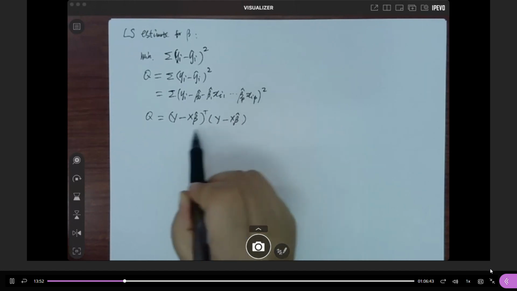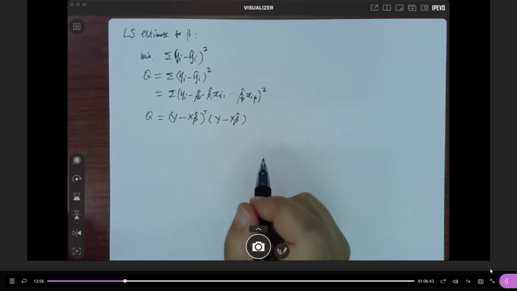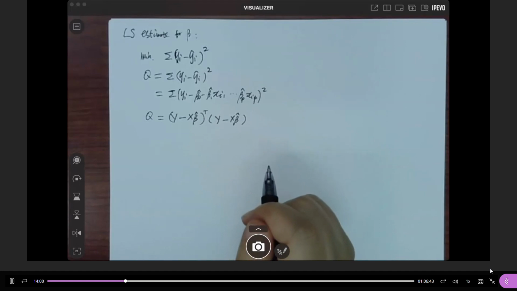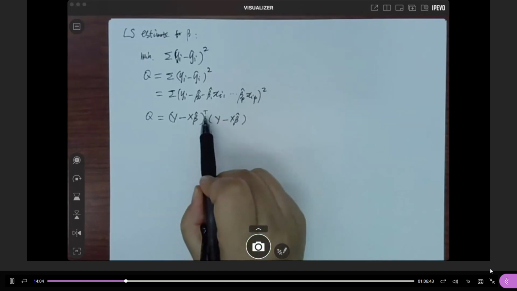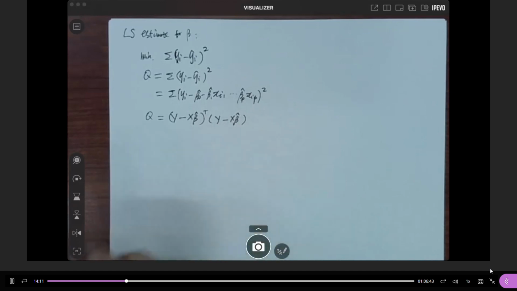Then you get a scalar. So Q is a scalar. So basically, in this context, once we introduce the matrix form, by default, we think all the vectors are column vectors. If you want to represent a row vector, you put a transpose here. So when you see a vector with transpose, that basically means a row vector. So this is a row vector multiplied by a column vector.